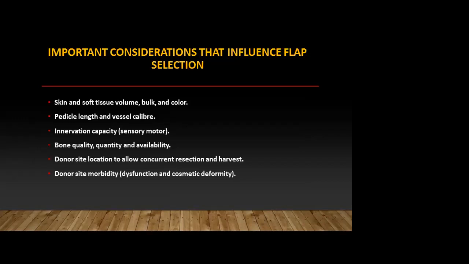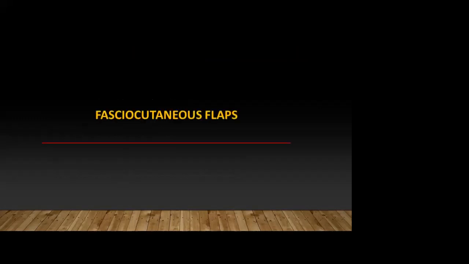Then we have to look into the pedicle length and the vessel caliber, whether we will be able to innervate that flap, that is the innervation capacity of that donor flap, the quality, the quantity, and availability of the bone if you are using a bone flap reconstruction, and the donor site location to allow concurrent resection and harvest. And we have to also look into the donor site morbidity, mainly the dysfunction and the cosmetic deformity.